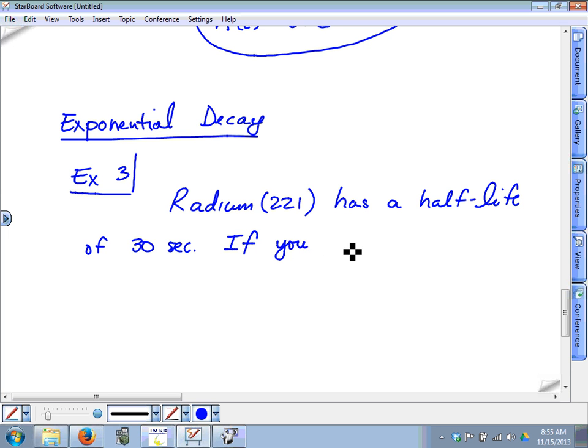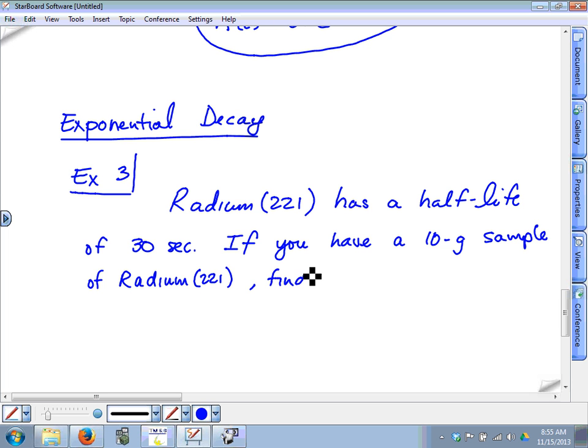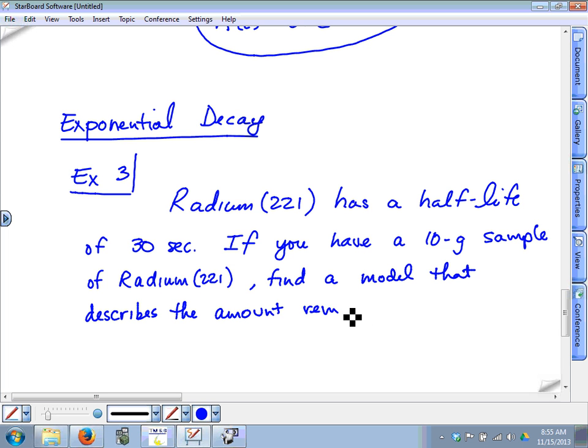If you have a 10-gram sample of radium-221, find a model that describes the amount remaining at time t.